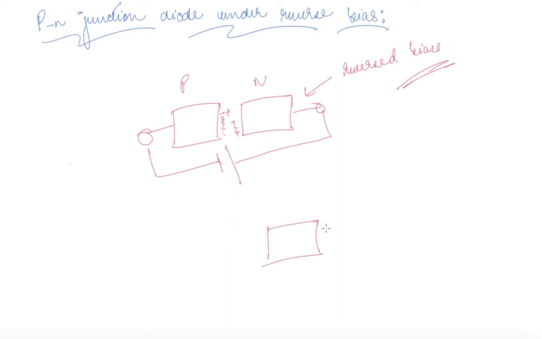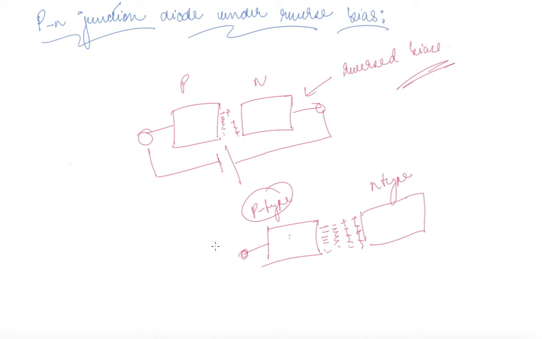Initially what we found was there is a formation of depletion layer. Now this is N type, this is P type. So all the excess electrons come over here and all the holes come over here.